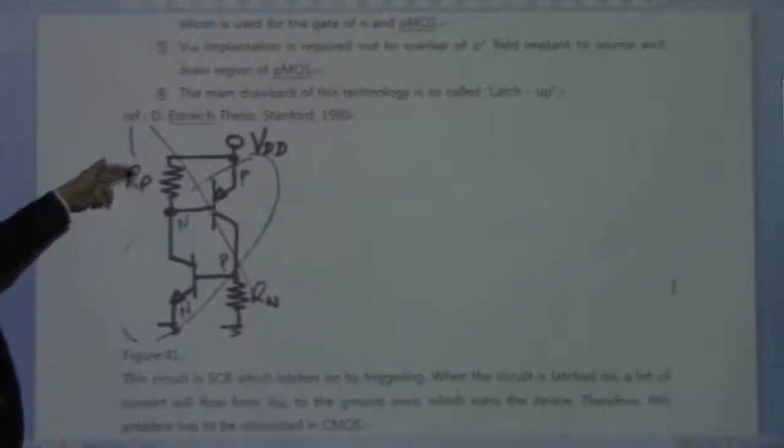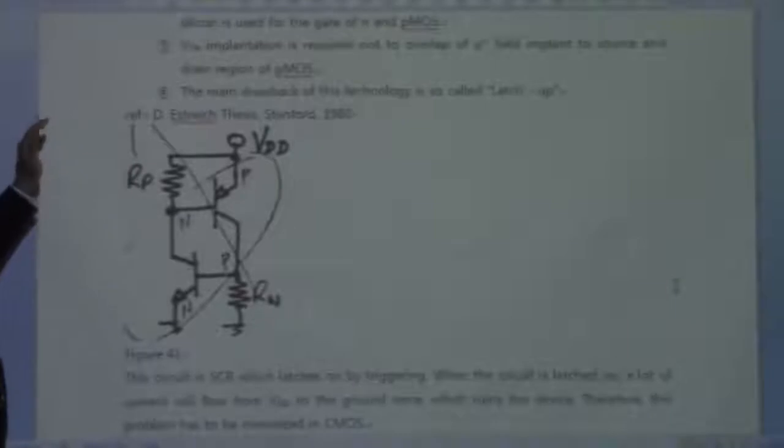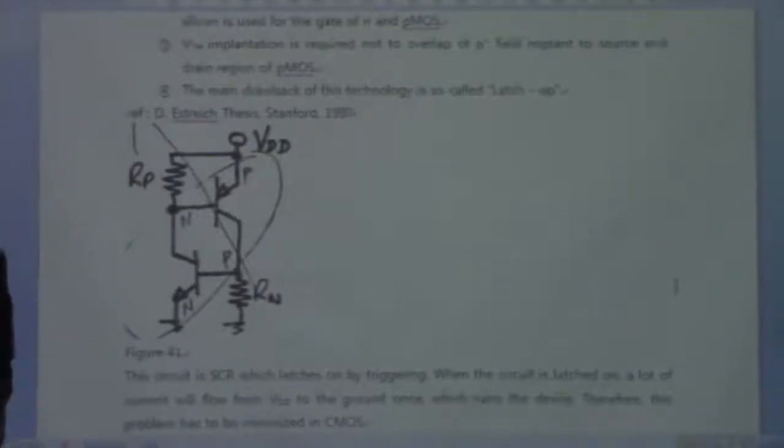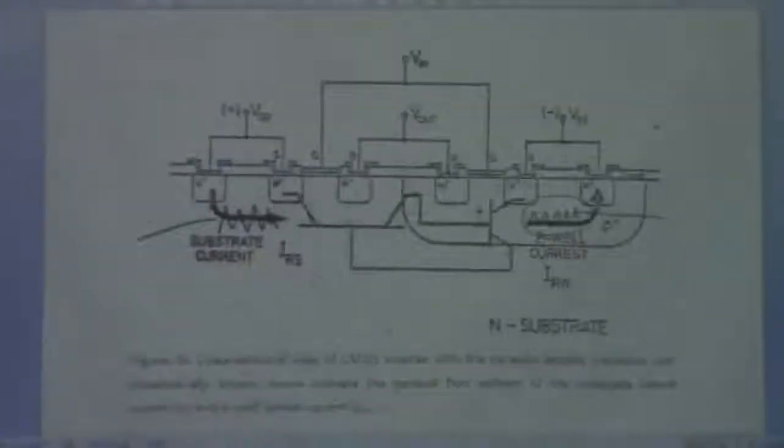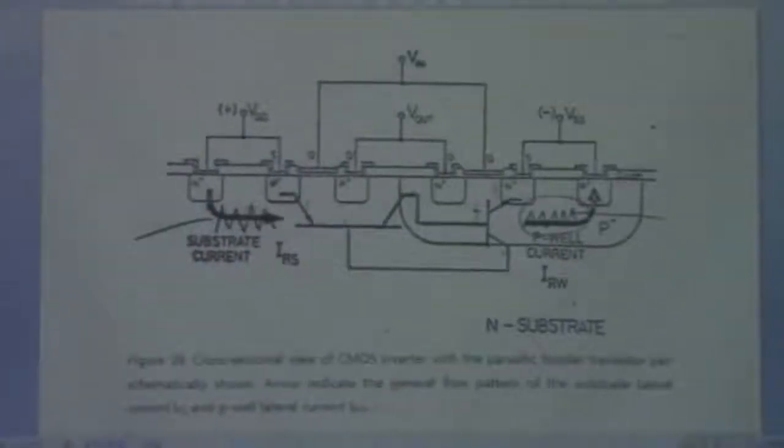This Rp is the resistance we have seen, this part. Rn is the resistance here. Rp is connected to this bipolar, which we call the lateral bipolar, and Rn is connected to this bipolar, which we call the vertical bipolar.